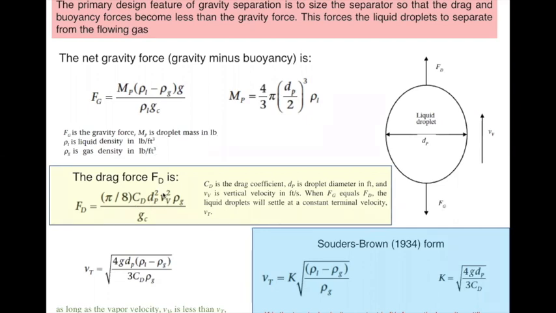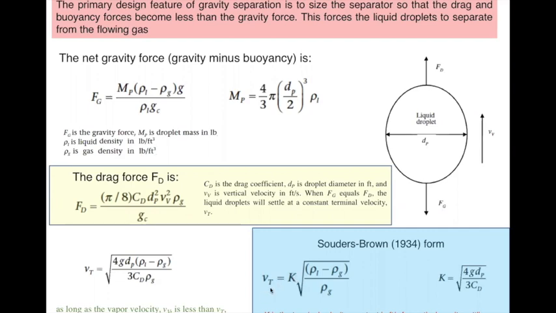Now, once your net gravity force becomes equal to the drag force, what you can calculate is the terminal velocity, Vt. So this Vt is a function of various parameters. However, it can be replaced by an empirical parameter k, right? This k will take care of both the vertical separator as well as the horizontal separator.